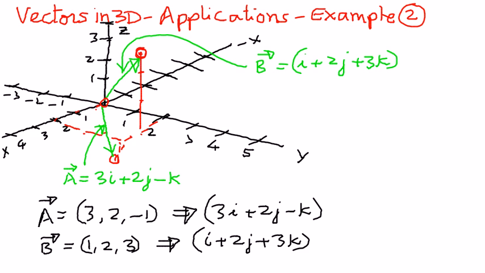I've indicated that by a green line, and that green line is this vector B, which is i plus 2j plus 3k.